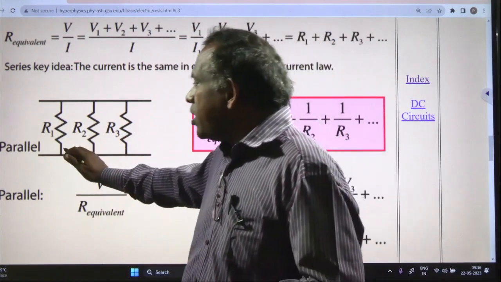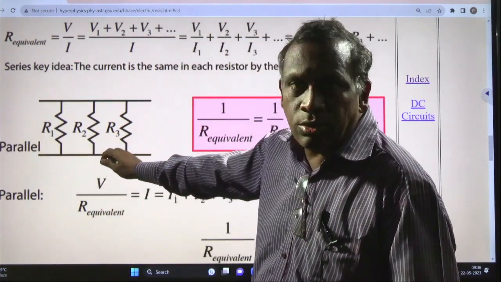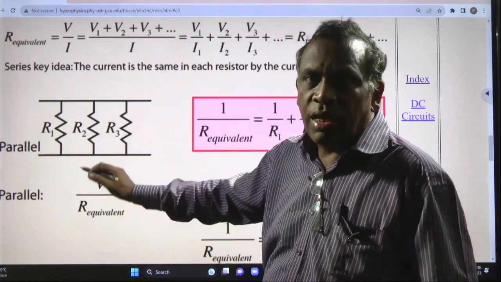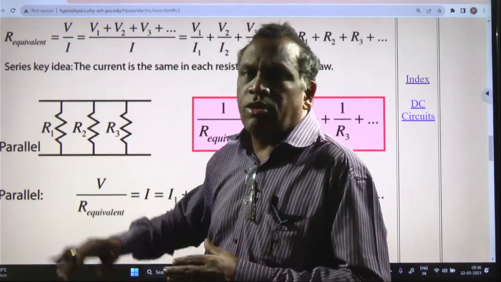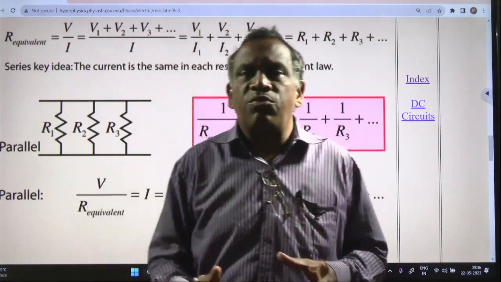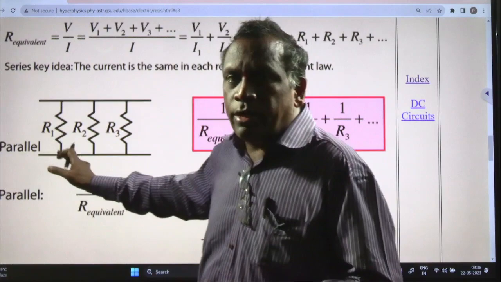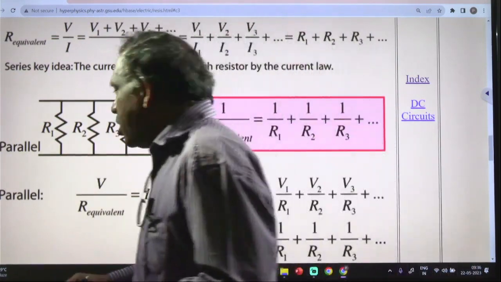It means that the current through the R1 resistor is I1, I2 is the current through the R2 resistor, and I3 is the current through the R3 resistor. According to the parallel arrangement, the total current is equal to the sum of individual currents. It means I equals I1 plus I2 plus I3. So accordingly you will get the formula.